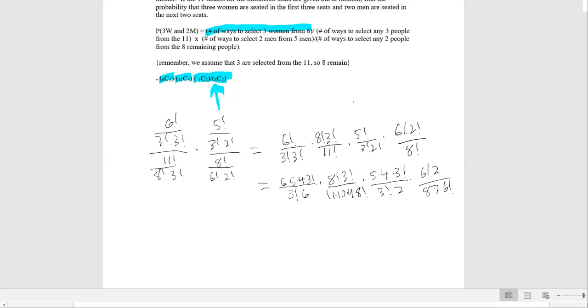Okay, so we're going to get some cancellations here. Let's see what we got. Get rid of that 3 factorial, and the 8 factorial. Let's get rid of these big ones first. Okay, so I got rid of a lot of those. Here's a 3 factorial with that 3 factorial, and here's a 6 with a 6. What else we got here?